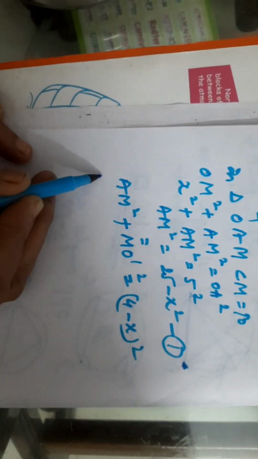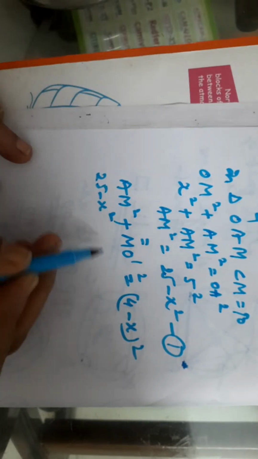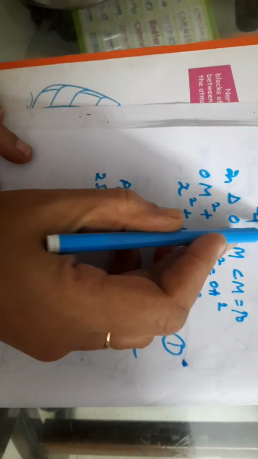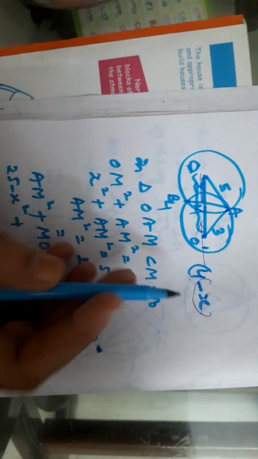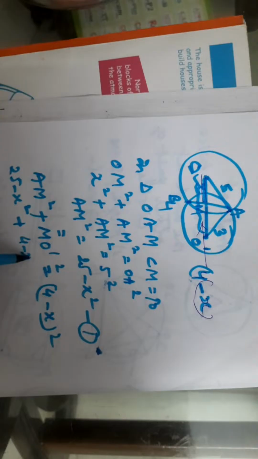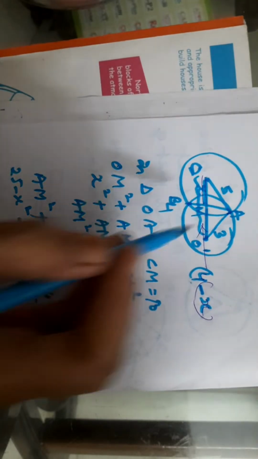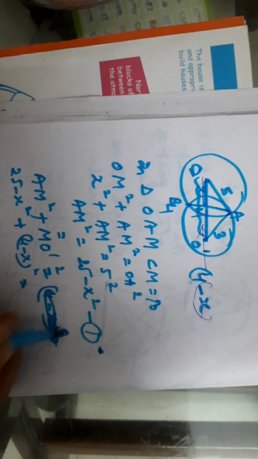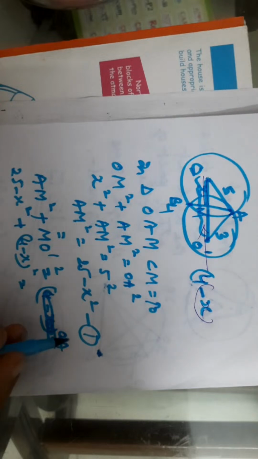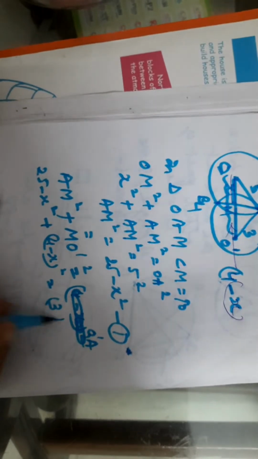AM square we got as 25 minus x square. OM dash is 4 minus x. So this we can replace with 4 minus x square is equal to OA dash square. So OA dash is 3.